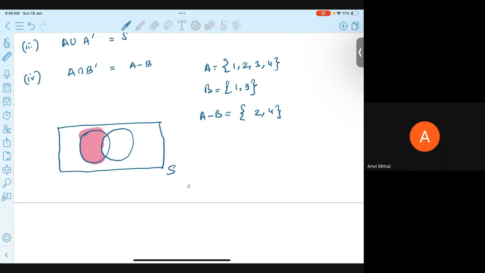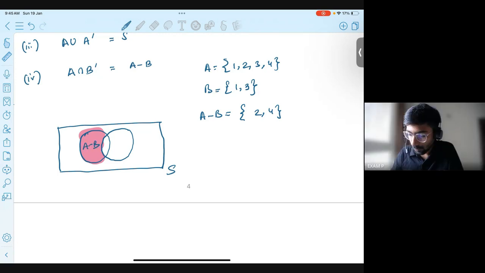Now, instead of directly calculating A minus B, what if I took this route: A intersection B complement. If this is A and this is B, what is B complement?